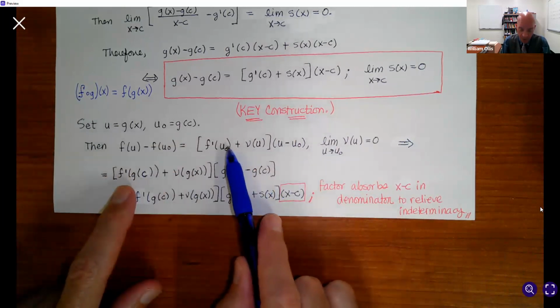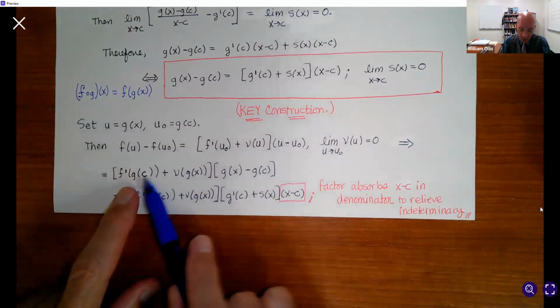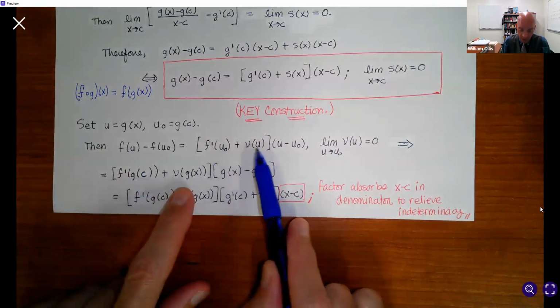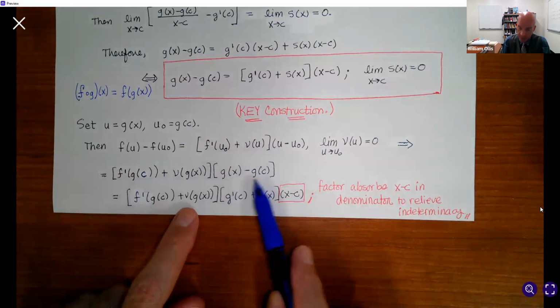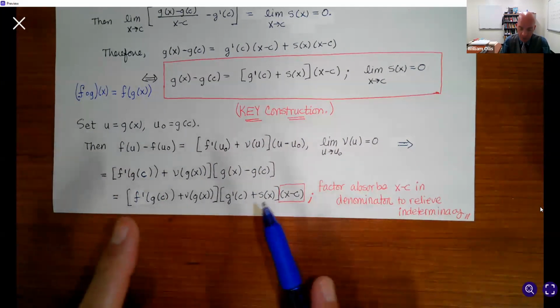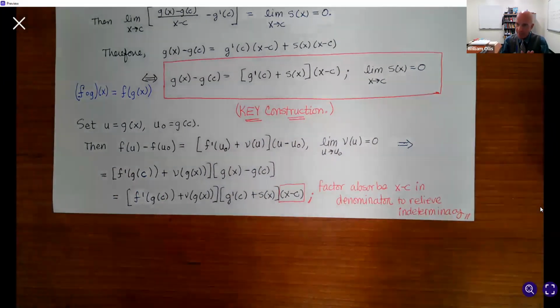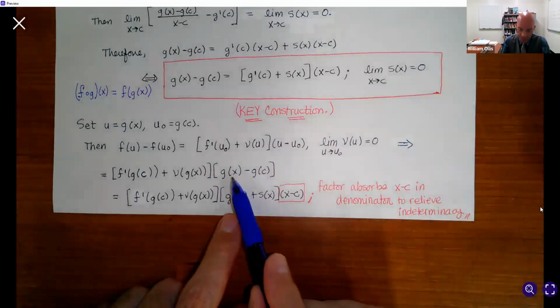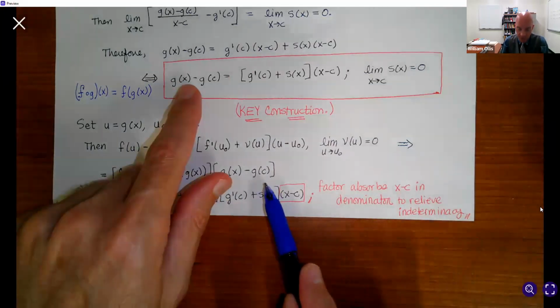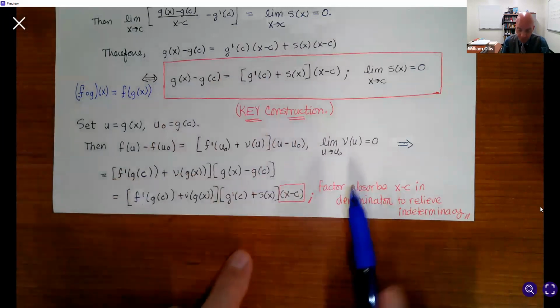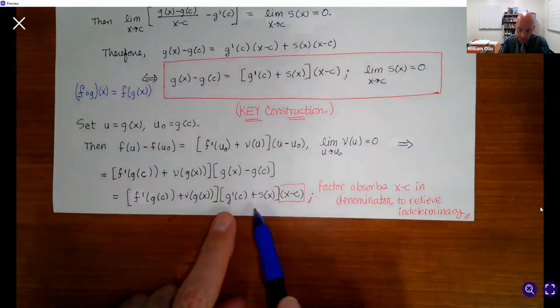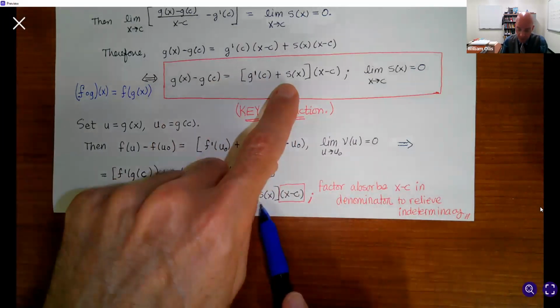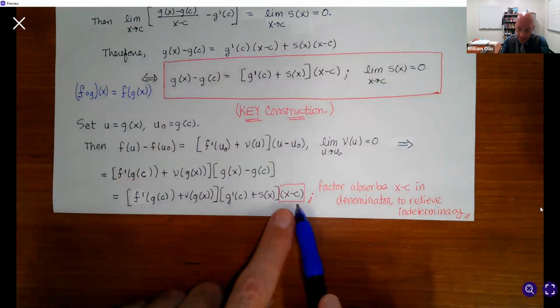And then let's write these with the compositions, replacing u sub 0 with g of c and u with g of x, just like we did here. Now you can see this just keeps cascading. We can now think of g of x minus g of c defined as we've done here, and that would give us g prime of c plus s of x times x minus c.